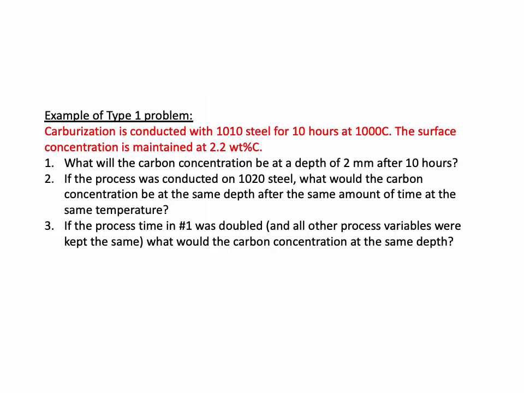So here's an example. I'm given that I'm doing carburization on a 1010 steel, so that means C0 is 0.1% carbon, for 10 hours. So t in seconds would be 36,000 seconds.